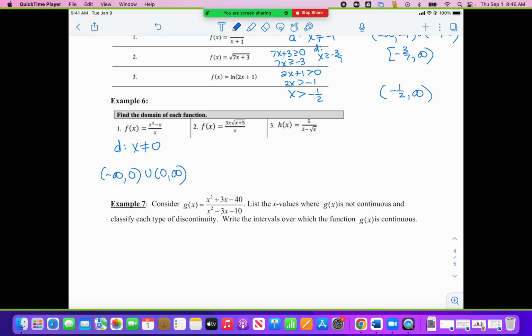All right, who's feeling confident that would like to tell us about problem 2? Who's feeling like, yes, I can do it? Clara, what do you think? You said a bracket and then -5, comma 0, and then the union, and then parentheses 0, comma infinity.